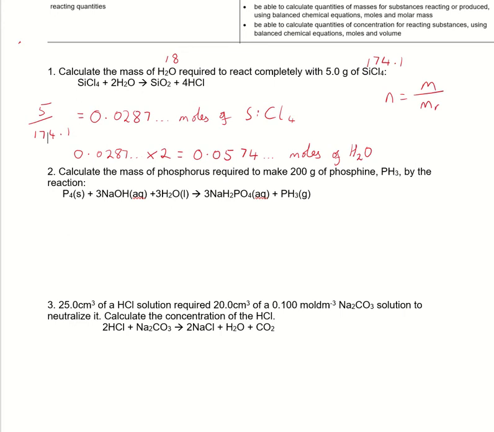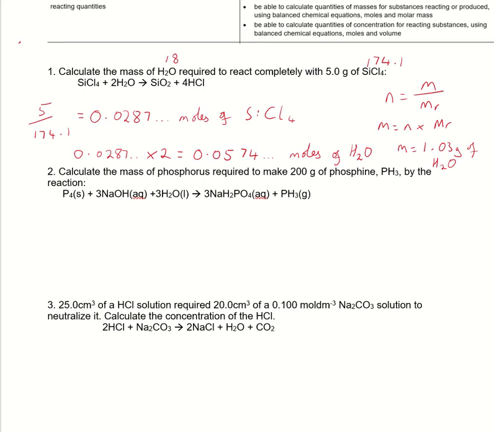But now that we know the moles and we know the Mr, I need to rearrange this equation to work out mass. So mass equals moles times Mr. So if I know my moles of water, multiply it by 18, which is the Mr. So I'm assuming you can see the moles, you can see the Mr. So therefore mass equals 1.03 grams of water.